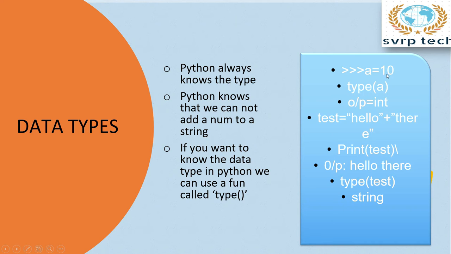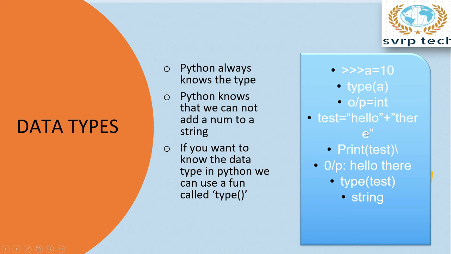Because the value 10 is assigned to a, and the value of a is of type integer. So if you want to know what type of data we are giving as input, simply write the type function with that variable inside parentheses. Then it tells us what type of data is stored in that particular variable.